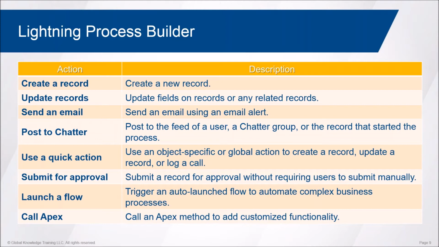I can also send an email, and the wording that we have here says using an email alert. There's nothing more alerty about it other than just an email itself, but we use email templates and we use automated tools to send that email, and it's a great way to automatically have notifications and emails go out whenever information is changed in Salesforce.